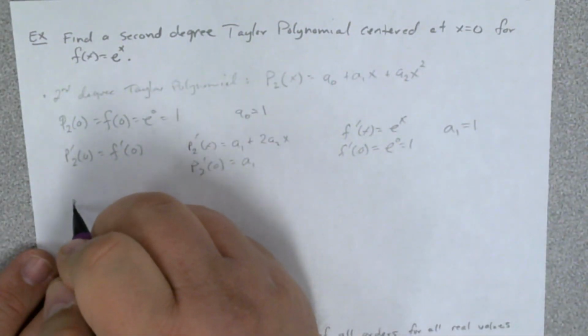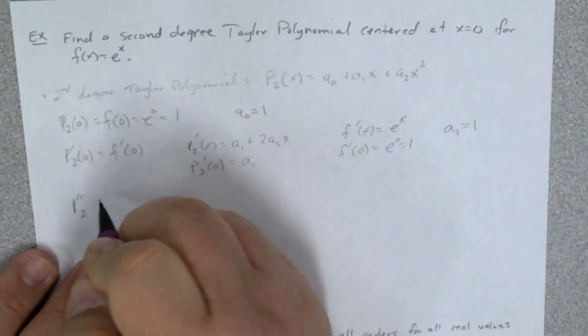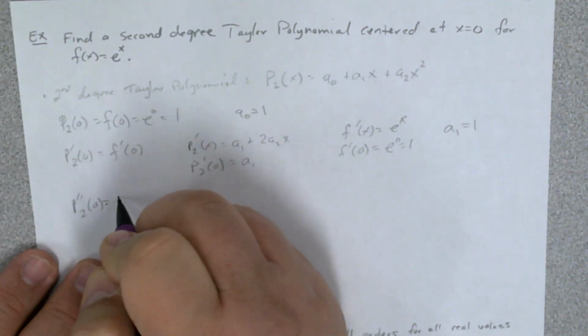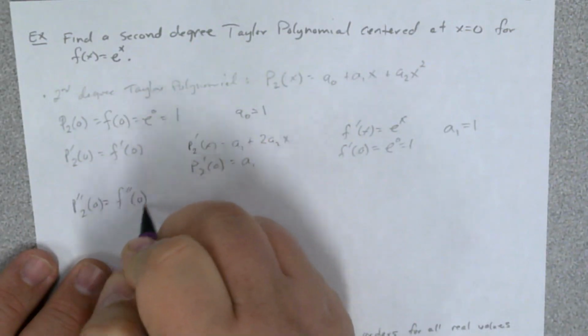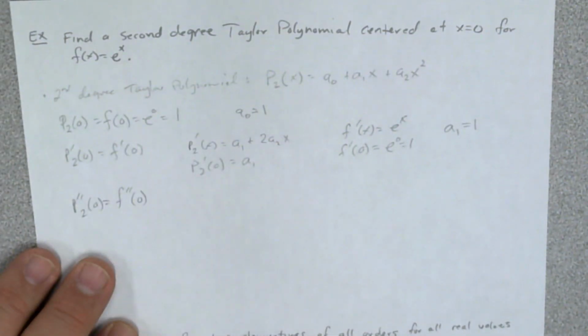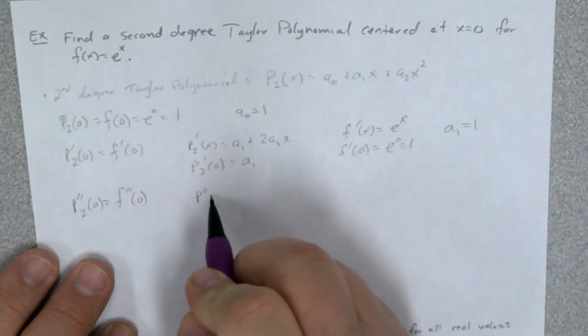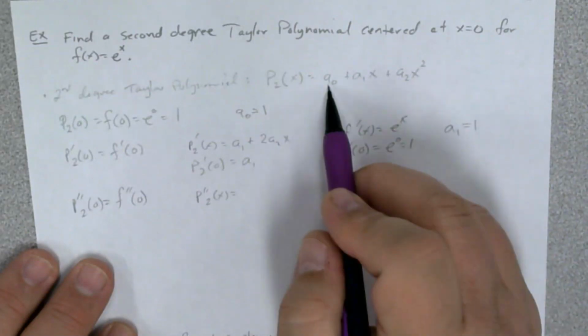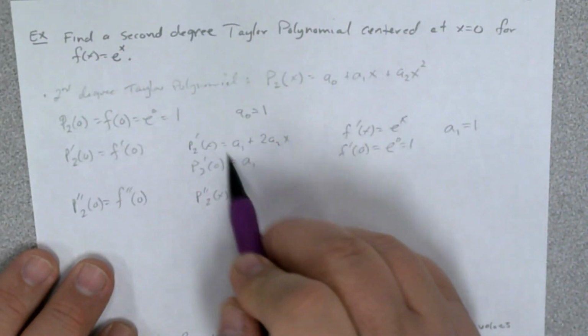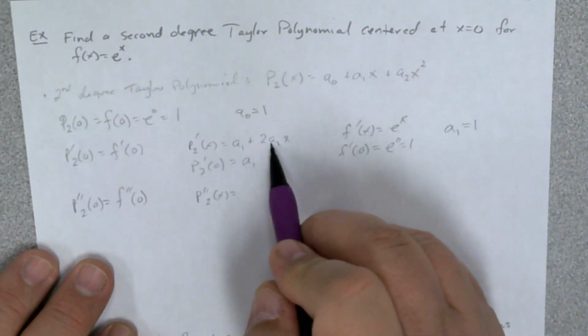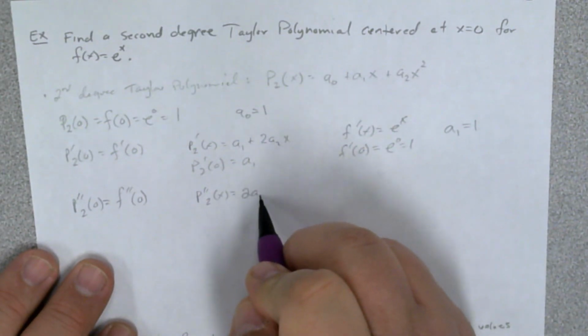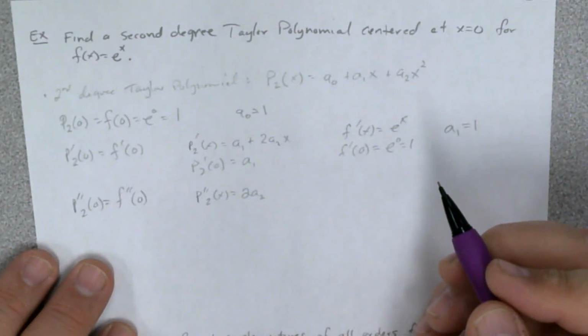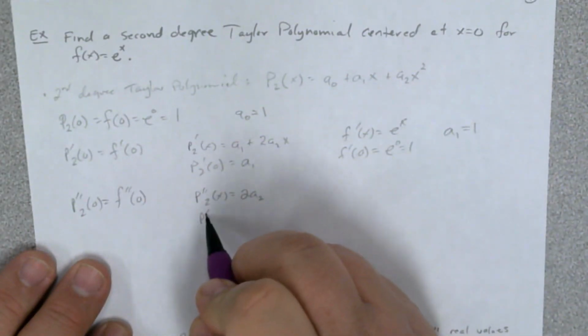Match the second derivatives. We want them to be equal. So what is the second derivative of our polynomial? Take the derivative of this. That's gone because it's constant. I have 2 times this, so it's going to be 2 a sub 2.